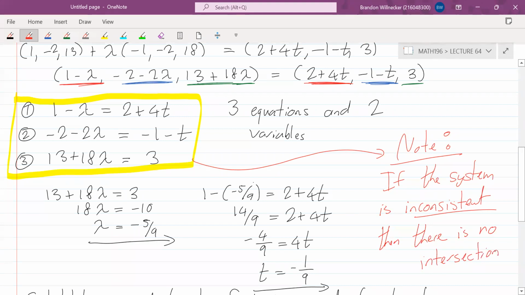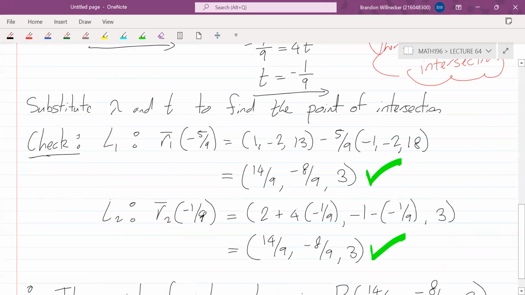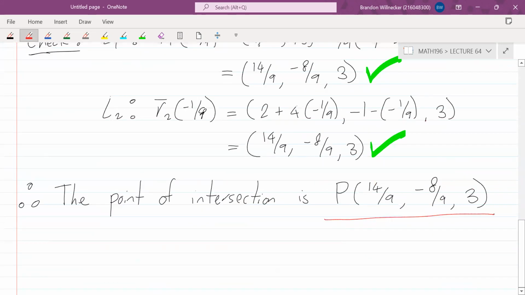Everyone should be able to check for consistency. So you check for consistency, and that will tell you if there's an intersection point or not. If it is consistent, then you can substitute your answers back, and you can find the point of intersection.